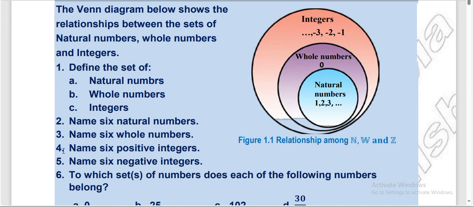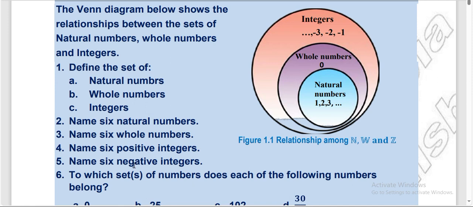The fourth one is name 6 positive integers. Here, the positive integers start from number 1, on the right side of zero.